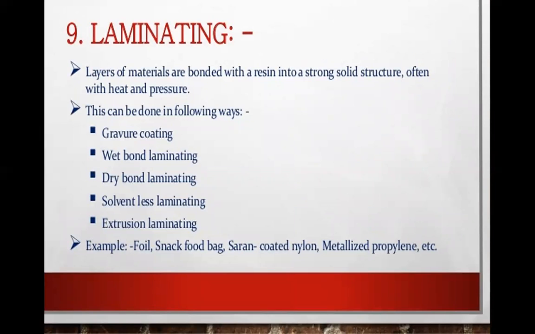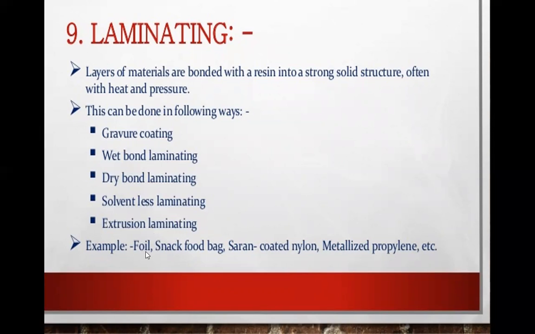Coming to another technique called laminating. Layers of materials bonded with resin into a strong solid structure by applying heat and pressure is called laminating. This can be done in the following ways: gravure coating, wet bond laminating, dry bond laminating, solvent-less laminating, and extrusion laminating.